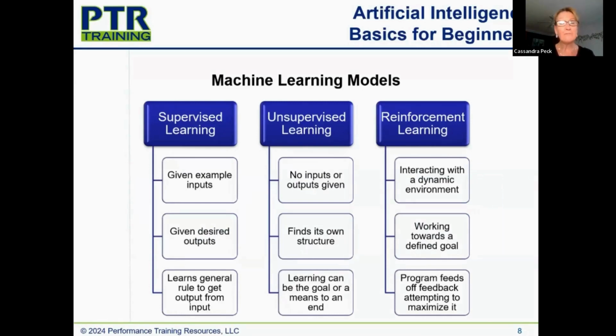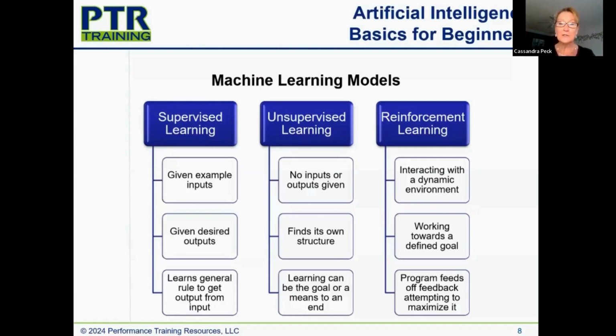There are some subsets, of course, of these learning models, but these are the three big ones that we're going to focus on. Supervised learning involves, remember I mentioned that training model, a training model using labeled data, known data, where the input data is paired with corresponding target labels. In an advanced artificial intelligence course, you'll get more on how these models are actually created.